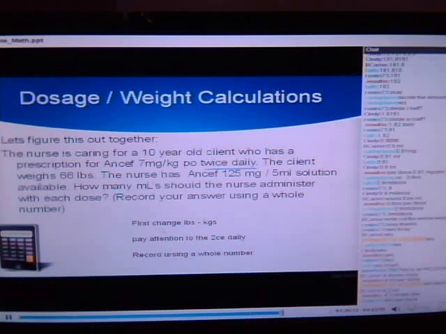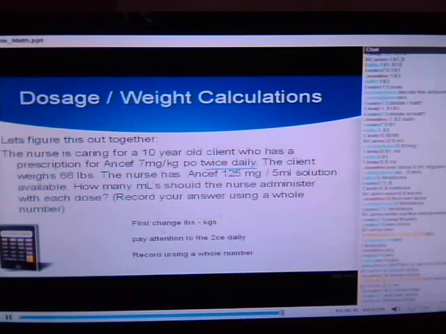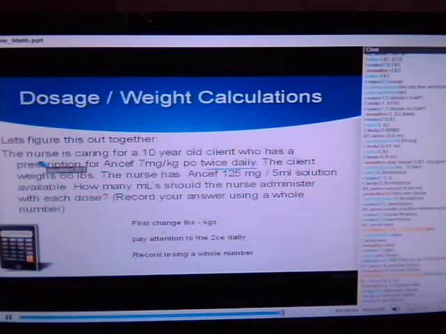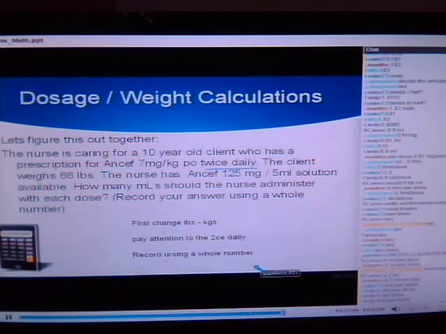Only do what the NCLEX asks you to do. So for the purpose of the recording, first, you need to change your pounds to kilograms. You need to pay attention to the twice daily. People forget that. And then the other thing they make a mistake on is they don't record using the whole number.